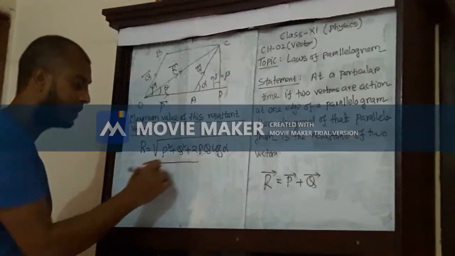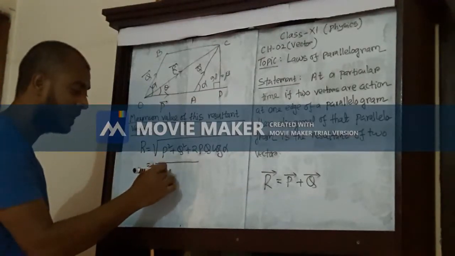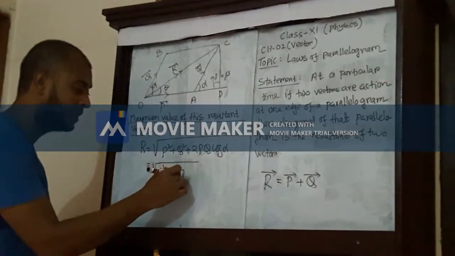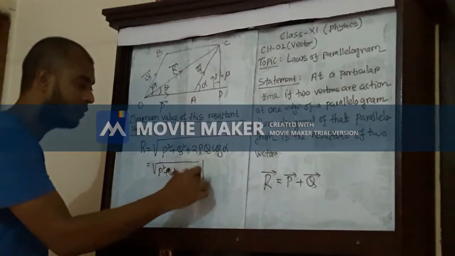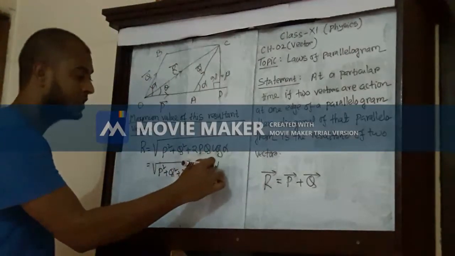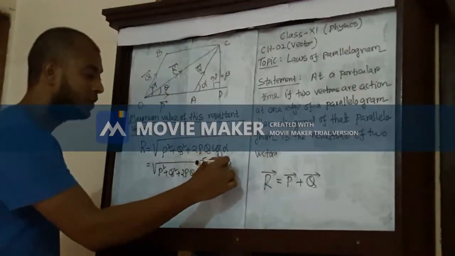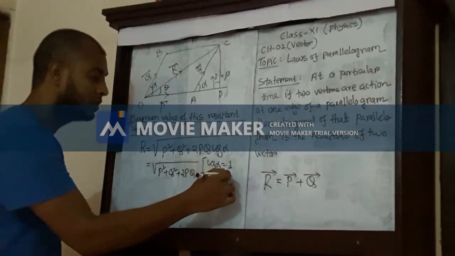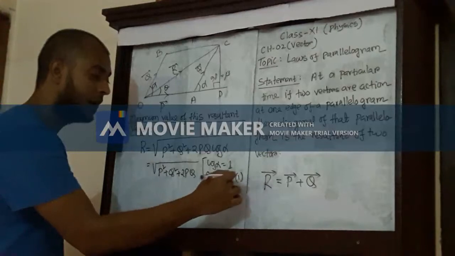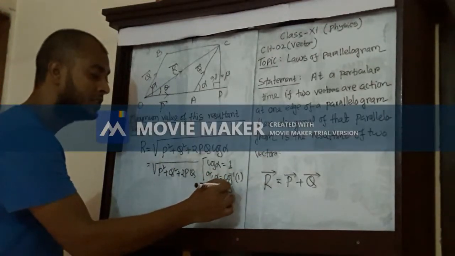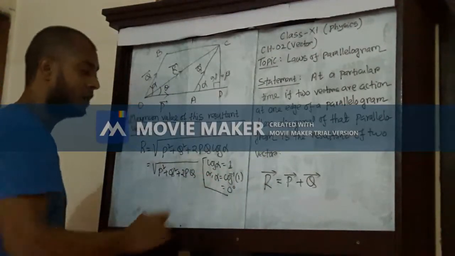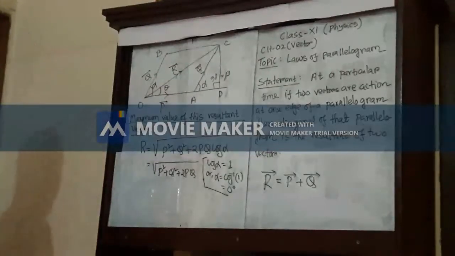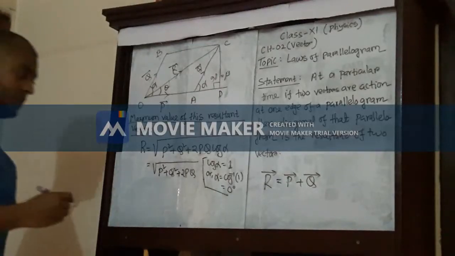So I can write here P square plus Q square plus 2PQ, for cos alpha equal to 1, and alpha will equal cos inverse 1, that is 0 degree. So when P and Q are acting along the same direction, then you can say that the resultant vector is maximum.